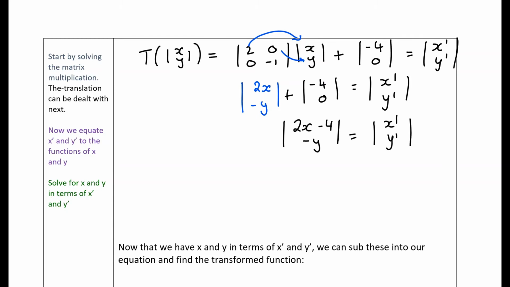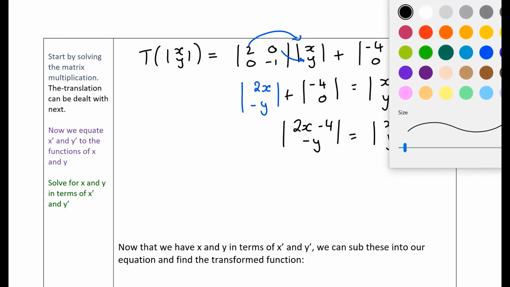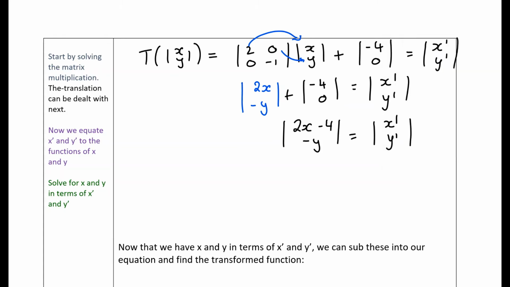So now that I've got this, let's look at what it means to be equal. I'm saying that the top row, this top row here, is my new x. So 2x minus 4 is my new x. And negative y, this bottom row, is my new y.